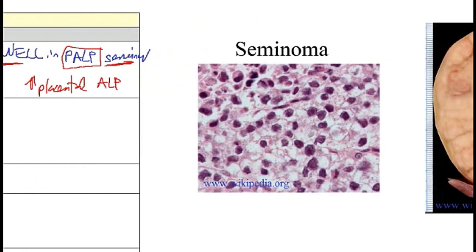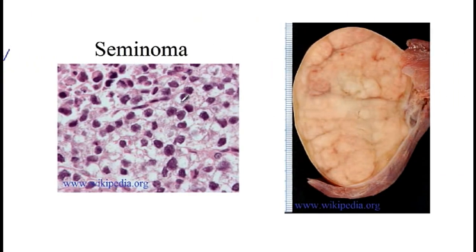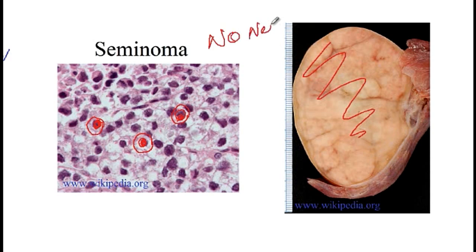So here would be a histological image of a seminoma where you can see we have a fried eggs appearance. So there is a central nuclei with a clear cytoplasm around it. And here we have other examples that you can see right here. And then the gross examination of these tumors, you will see that there is no necrosis or hemorrhage.